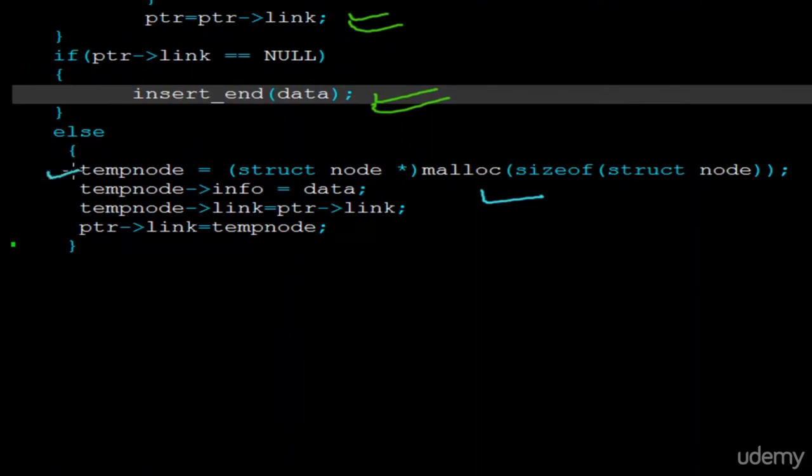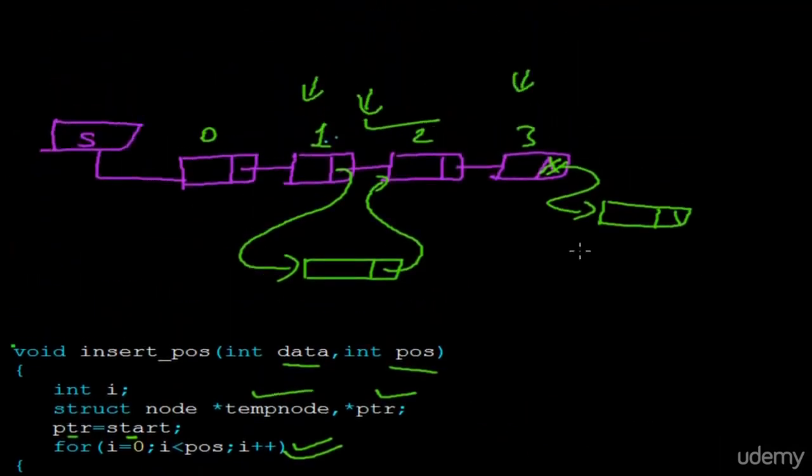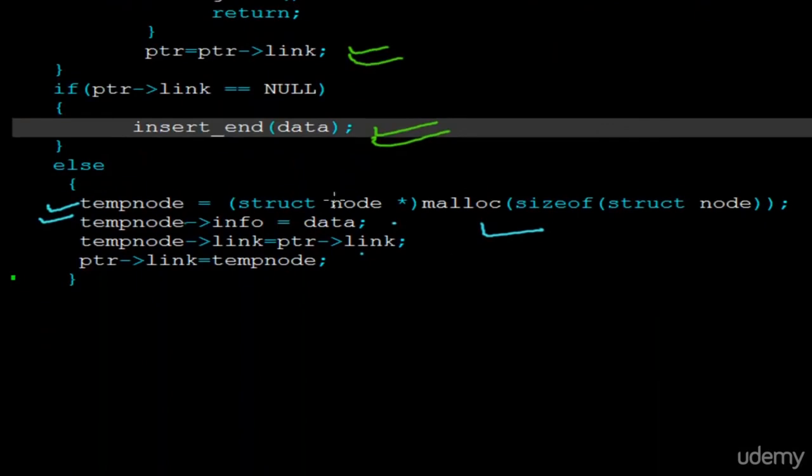We will create a temp node. We will write the data into the info part of this temp node, and then we will write ptr's link part into the temp node's link part. What is the case? This is ptr. So ptr's link part, which contains the address of the next node, will be copied in here by executing this statement.